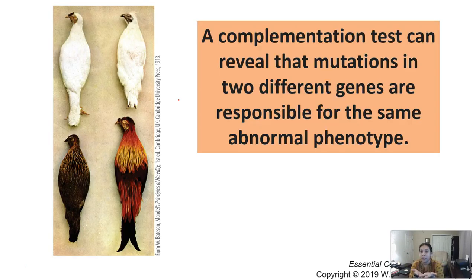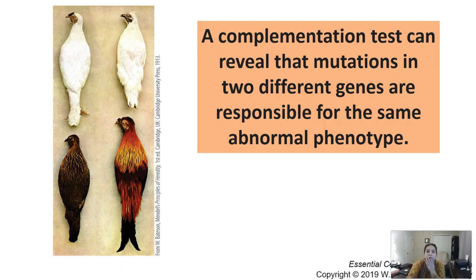So a complementation test such as this can reveal mutations in two different genes that can both affect the same phenotype at the end of the day. So here you have a white albino bird from one strain in bird, and then you have the normal coloration, right, in hair, and you can restore the wild type plumage if you cross the two white breeds together.